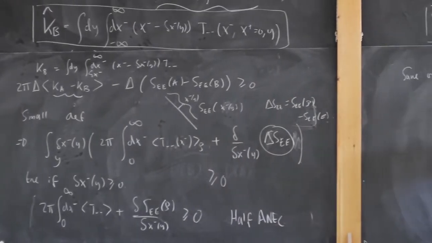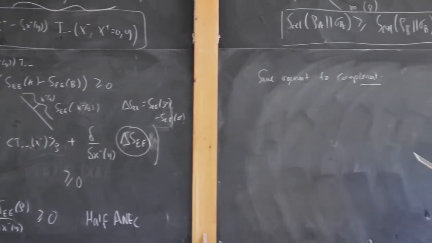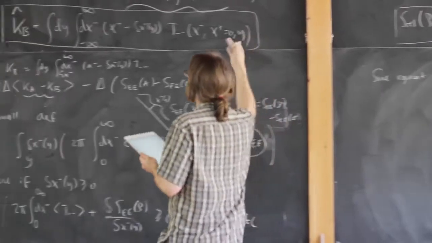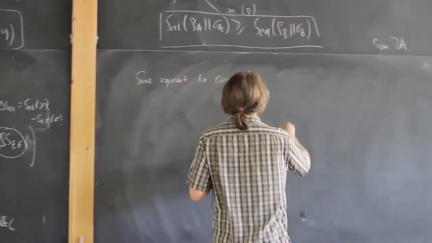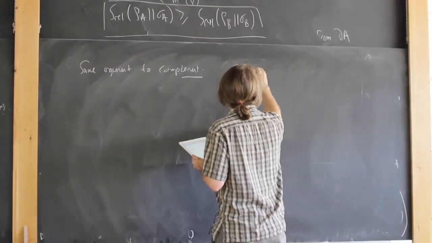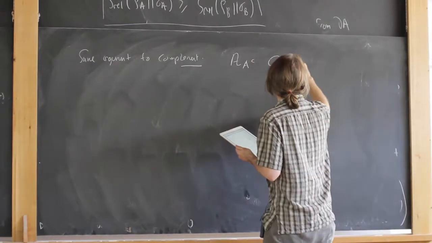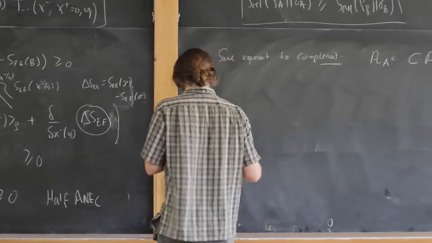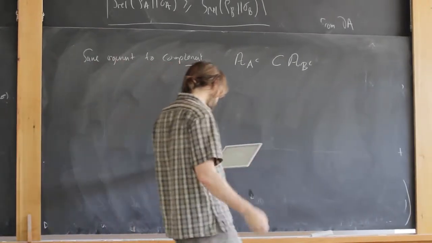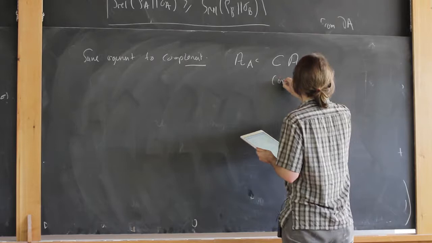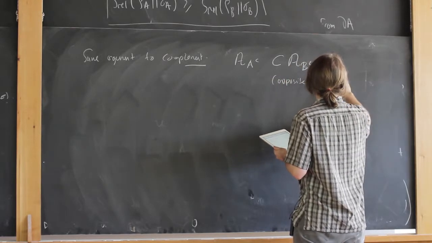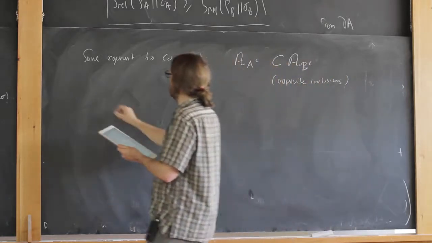The only difference being that in the complement, the inclusion goes the other way because you're still deforming in the same direction. That means that the algebra of the complement region of A is contained within the algebra of the complement region of B. So this is sort of an opposite inclusion, and that means that various things will go the other way.